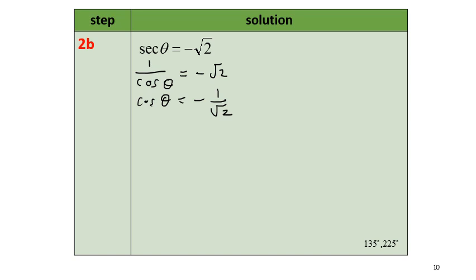And we know it is negative, so cos negative would be in the second and third quadrant. In this case, we consider the third quadrant because it is theta and not theta over 2 like the first example before.